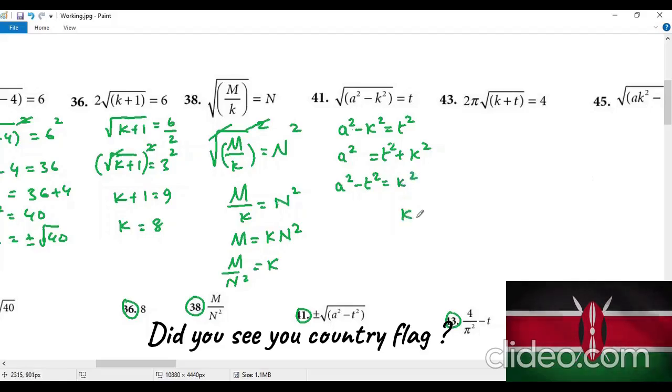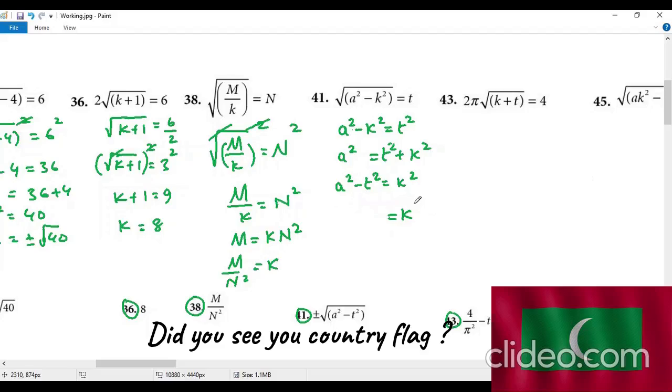And if we need to find out the value of k, we are going to take under root of this, and make sure to use plus minus whenever you have a square root sign.